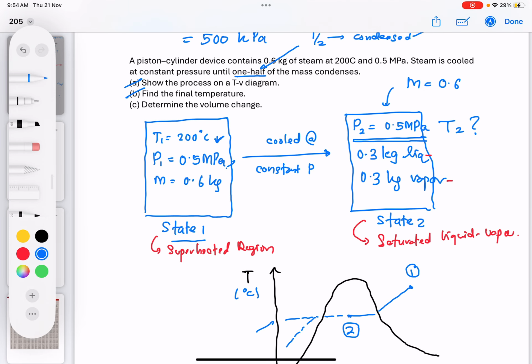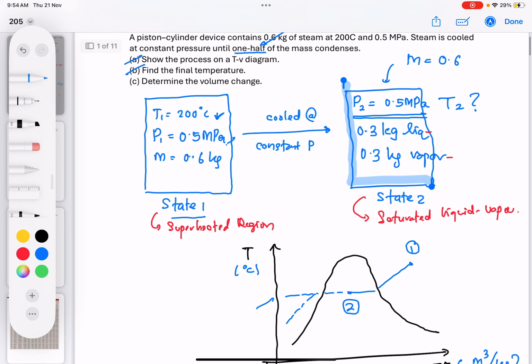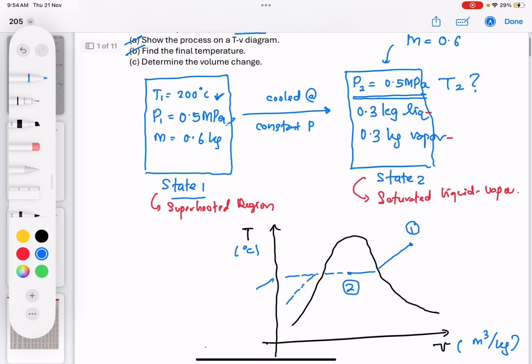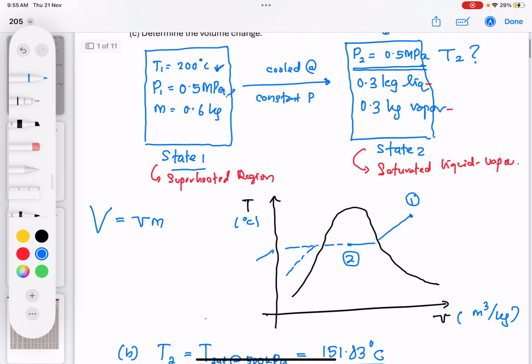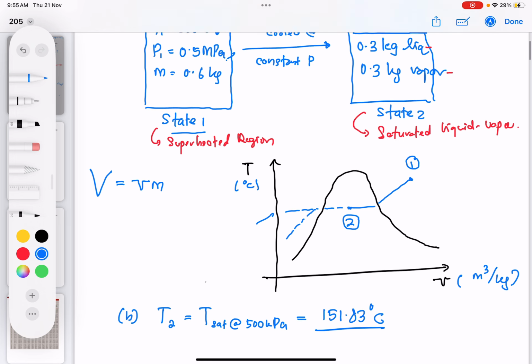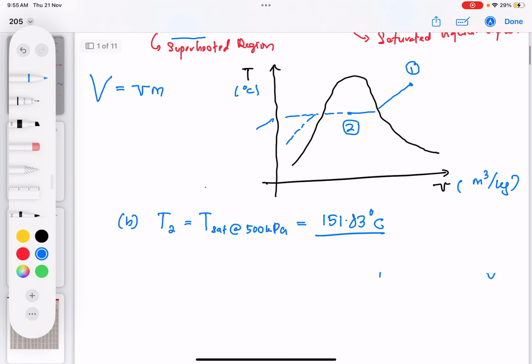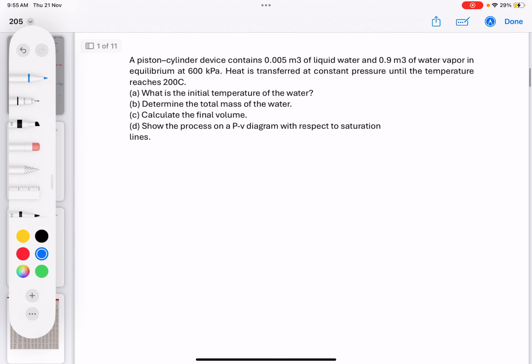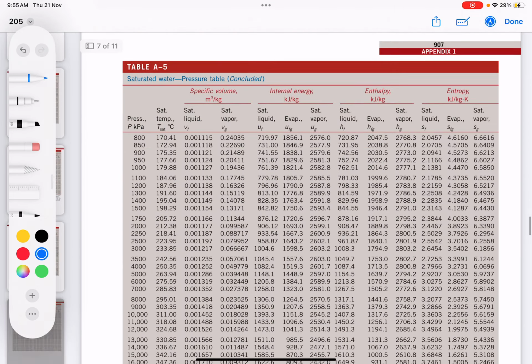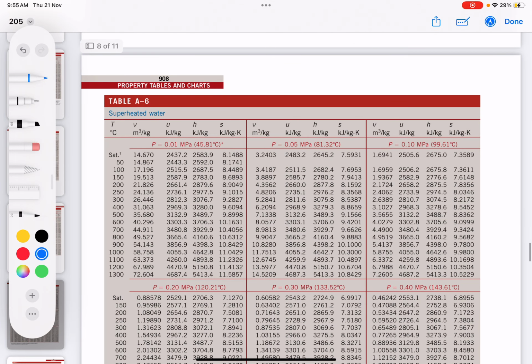And then determine the volume change. In order to determine the volume change, we know that volume equals specific volume multiplied by mass. For state 1, pressure of 0.5 megapascal and temperature of 200 degrees Celsius, it is in the superheated region, therefore I have to use table A6.